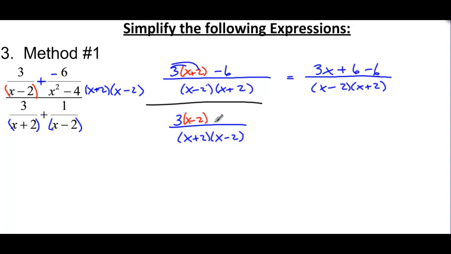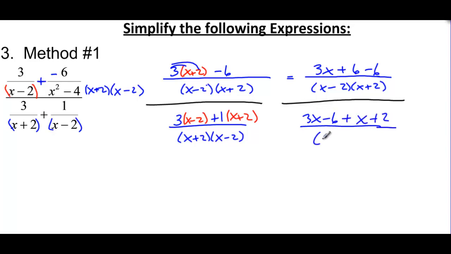Then I have a plus 1. But in this denominator, I'm missing an x plus 2. Again, now I'm just going to combine this, distribute. I'm going to get a 3x minus 6 plus x plus 2. And this is over x minus 2, x plus 2. Or in this case, x plus 2, x minus 2.